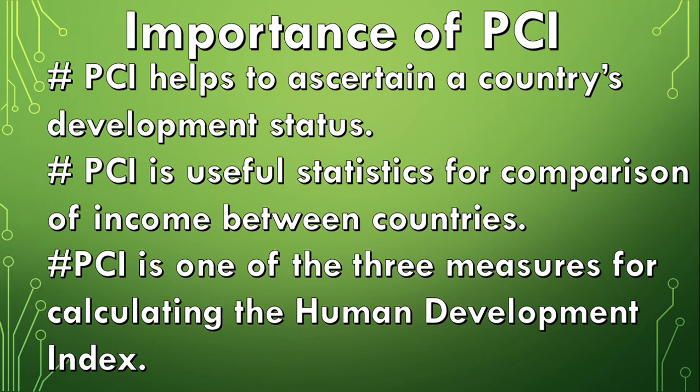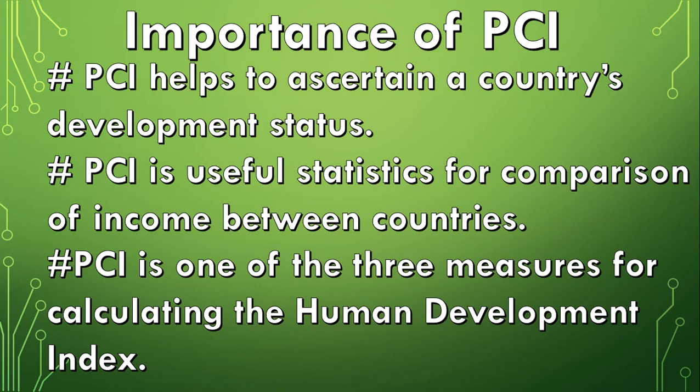Now, why is it important to calculate PCI or per capita income? PCI helps to ascertain a country's development status. Whether the country is developed or developing, rich or poor, is calculated on the basis of PCI. PCI is a useful statistic for comparison of income between countries.